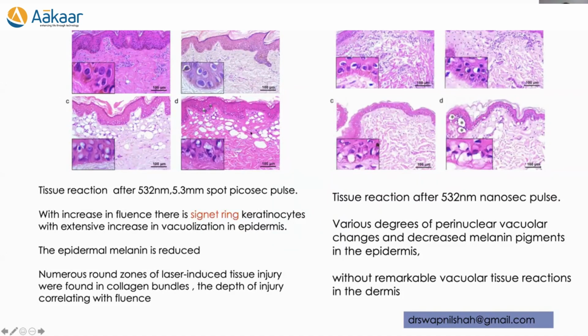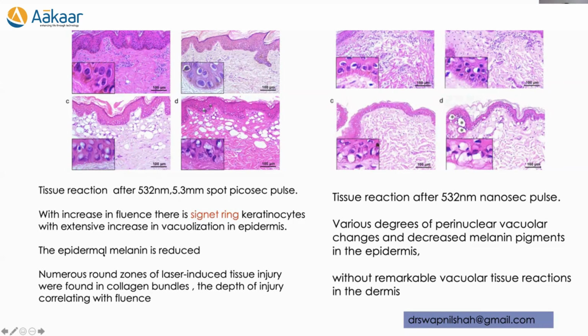And this is the classical histology of a pico compared with nano, and you can see the basic difference. This is with 532 nanometer 5.3, and again with 532 nanometer 5.3 in a nanosecond pulse. With pico, with increasing fluence, there are signet ring-shaped keratinocytes. If you see the keratinocytes, there is an intracytoplasmic vacuole, and the nucleus is pushed towards the periphery, which is known as a signet ring keratinocyte, with extensively increased vacuolization in the epidermis, because we know 532 acts predominantly on the epidermis.